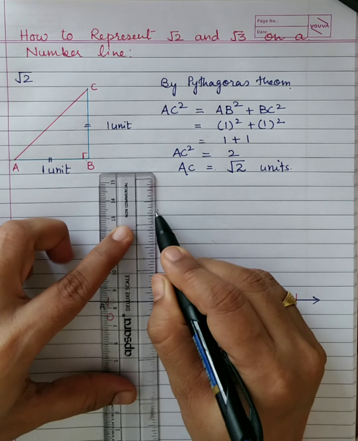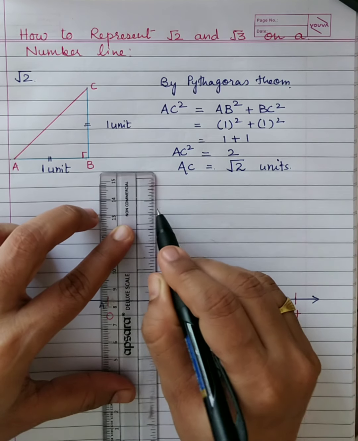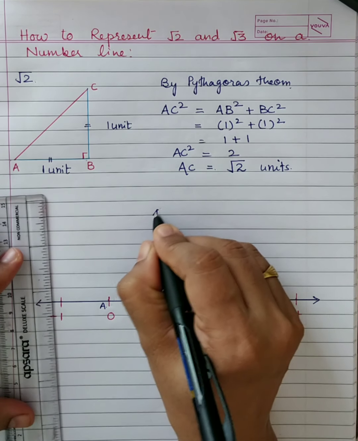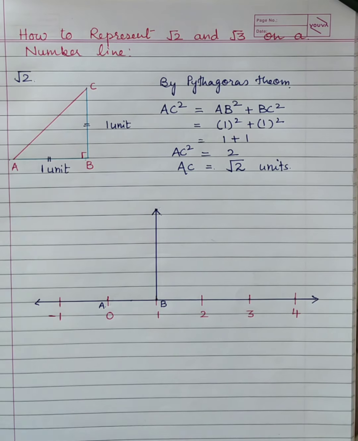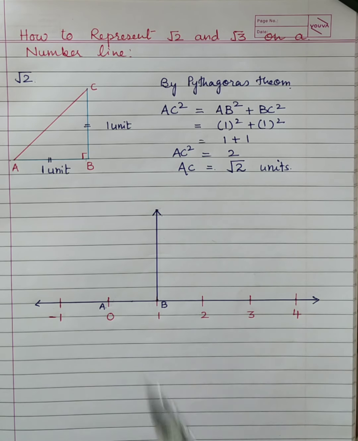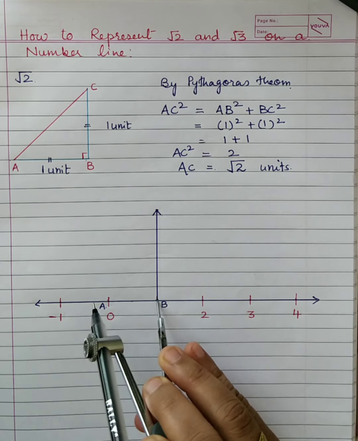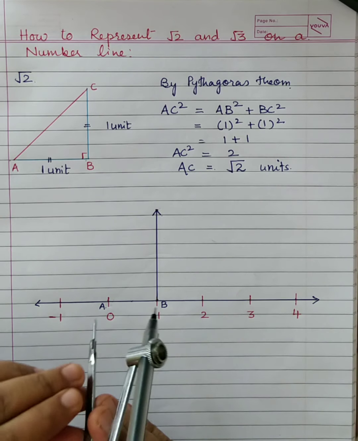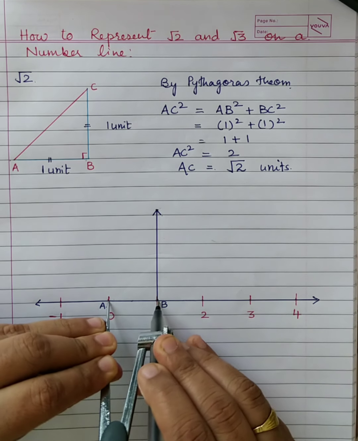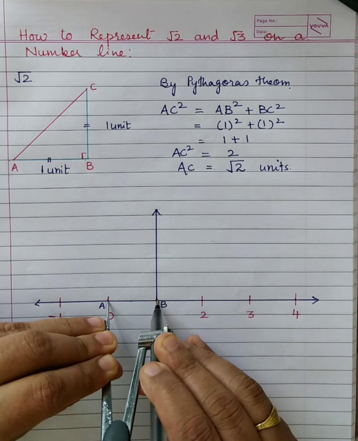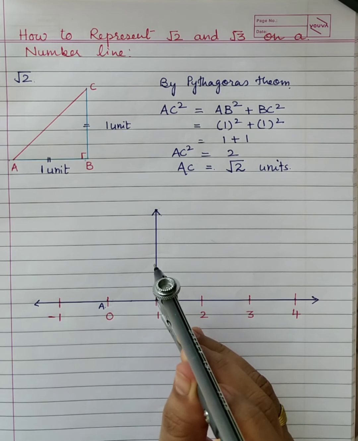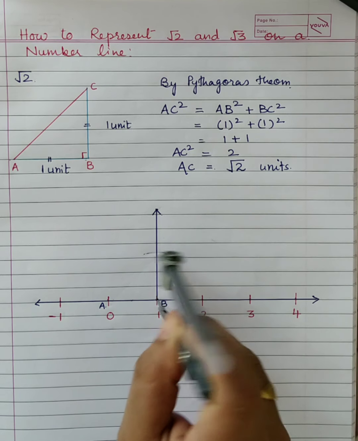So this perpendicular is erected at point B. Now you have to cut an arc of measure AB, that is 1 unit, to have the equal sides of the required triangle. So measure AB and cut an arc with B as a center.